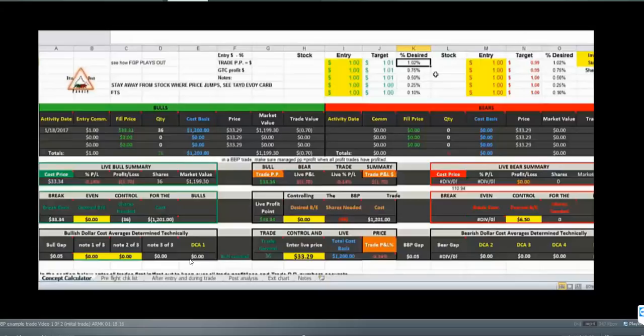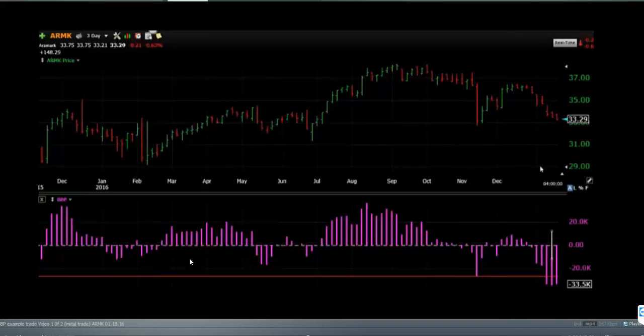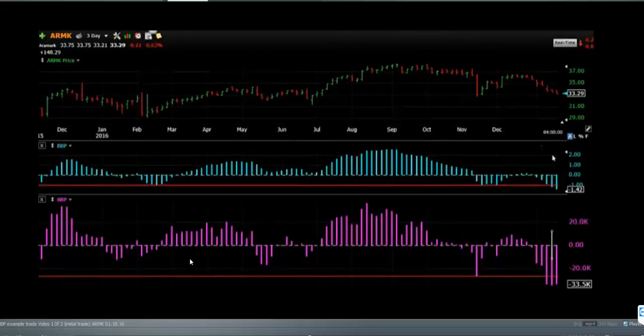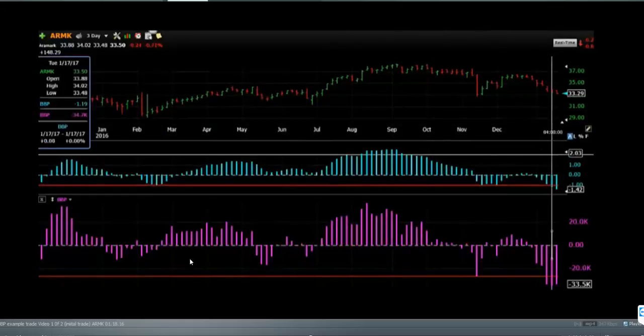What's important here, and it's a little bit unusual, is that I entered the trade a day after the actual target was right here. Remember, it met our conditions on the 17th, and that close was $33.50.